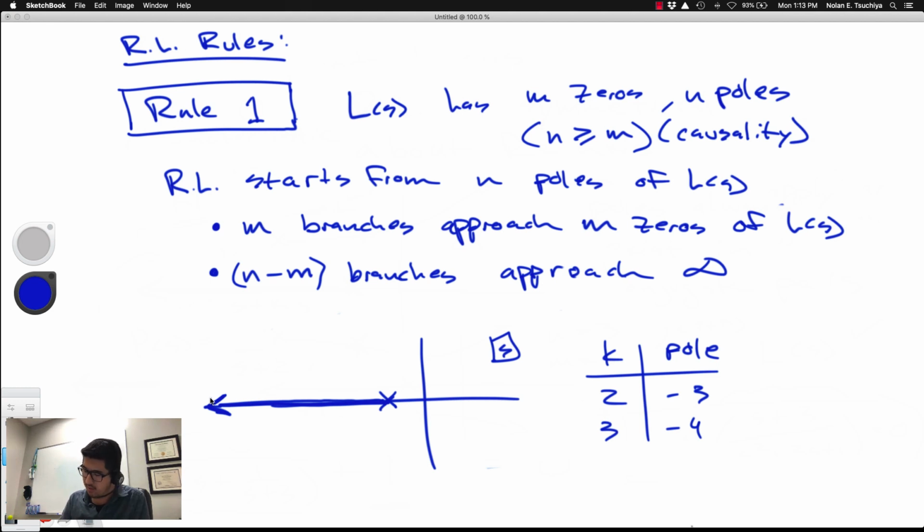That transfer function had 1 pole, and again, 0 zeros. So 0 of the branches should approach the zeros because there aren't any, and 1 minus 0 of the branches should approach infinity. So that one branch just approaches infinity off to the left.